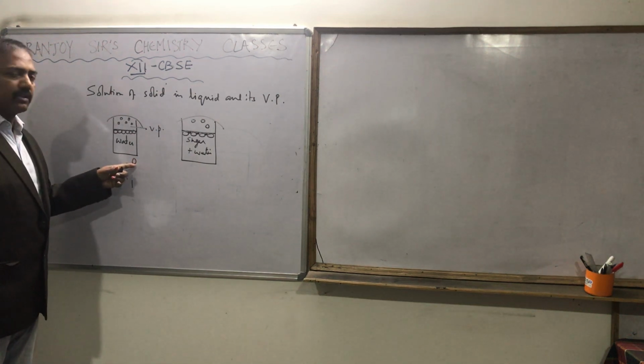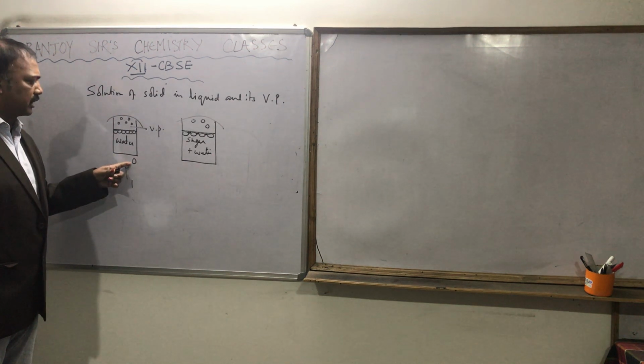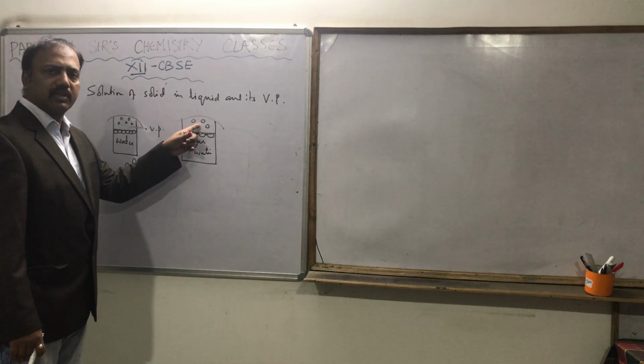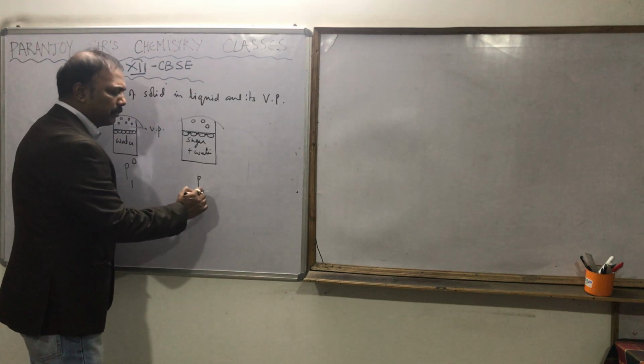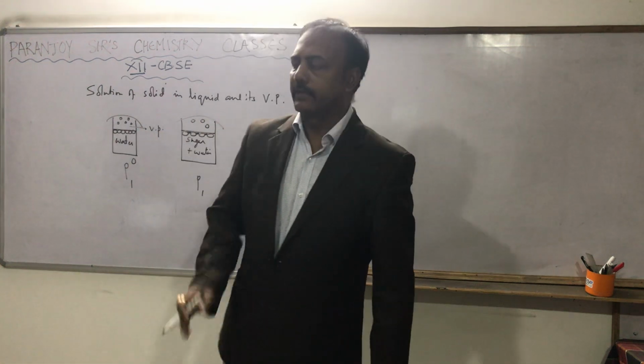But whenever we write naught, it means it's in the pure condition, there is no solution state. And here the vapor pressure of the solution is because of the vapor pressure of the solvent only. So here the vapor pressure is represented simply by P1. Is it clear? Okay, fine.